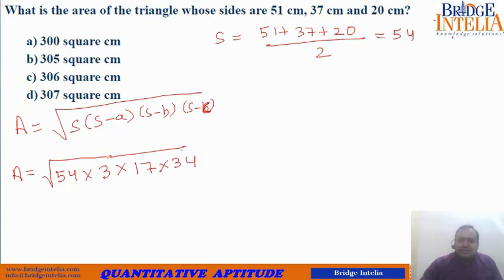Now please understand, these are some simple strategies. You have to find out the square root of this number. Some students simply multiply these numbers and then find the square root. That is a waste of time.